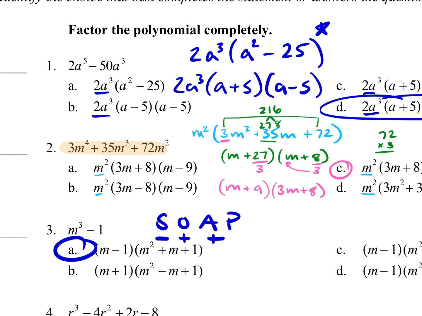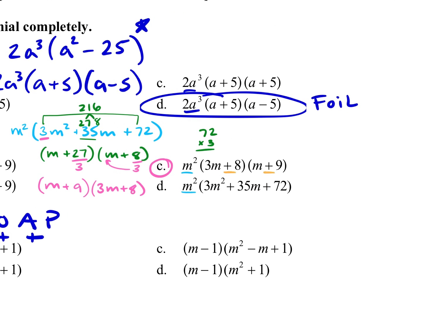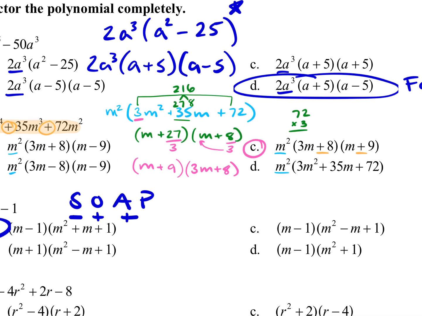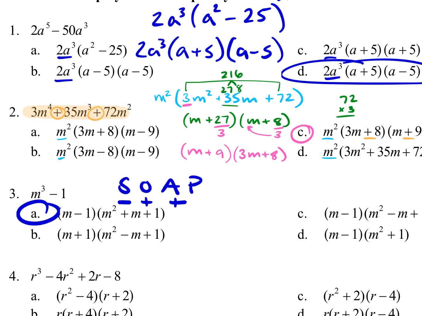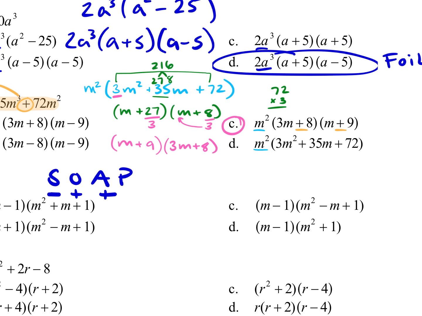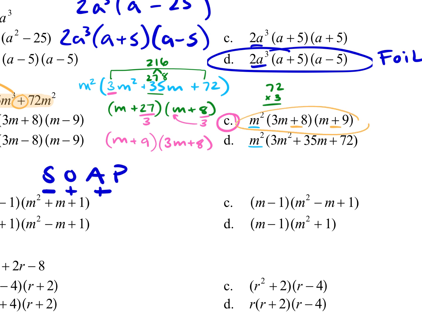So because it has 2 plus signs, I'd probably start with the answer choice that has both plus signs, and I'd FOIL it out to see if that makes sense. So if you have no idea how to factor, remember you could always take your answer choices and FOIL them out. So because our question had 2 plus signs, our answer will probably both have plus signs. So take your answer choice with 2 plus signs and FOIL it.